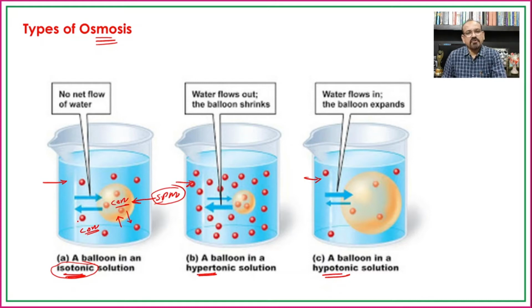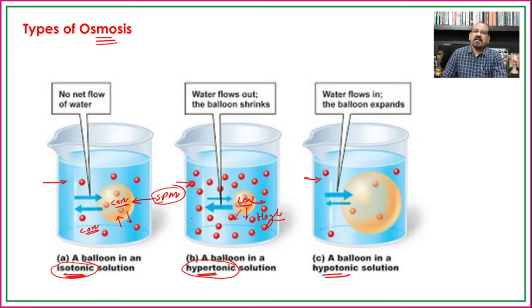But when the cells are kept in a hypertonic solution, it means that inside the cell or the balloon is the lower concentration and outside is a higher concentration. And earlier we have seen that from the lower concentration to the higher concentration there is a movement of the solvent molecules.